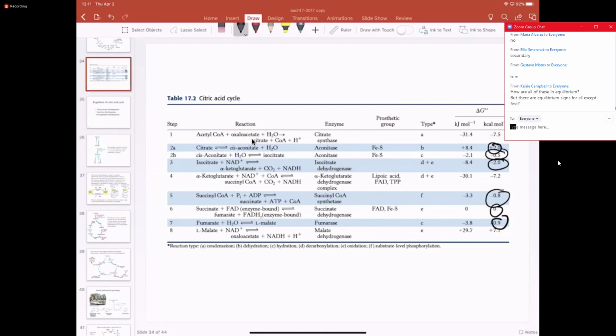I think that's just a typo, and I wouldn't worry about that too much. But please note the 3 that are going to be problematic. Number 1 and number 4 are going to be very negative, while number 8 is going to be positive. But again, this is delta G0, not delta G, so it doesn't take into account what's found in vivo.